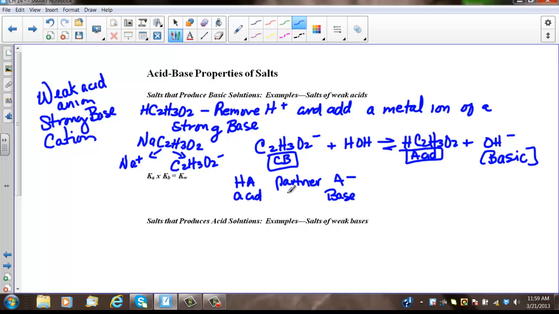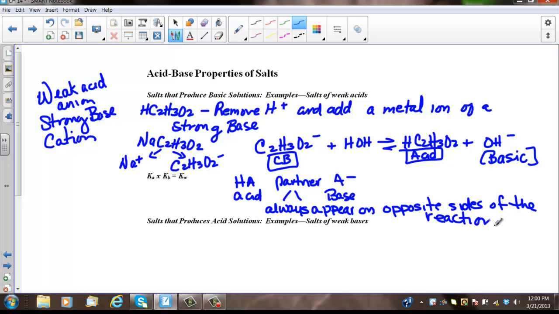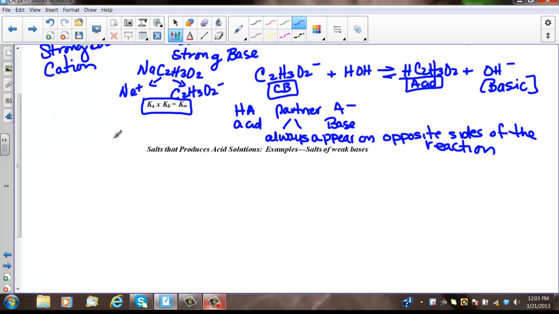And these always appear on opposite sides of the reaction. And then we can use Ka times Kb equals Kw to figure out any other things that we need to before we proceed.